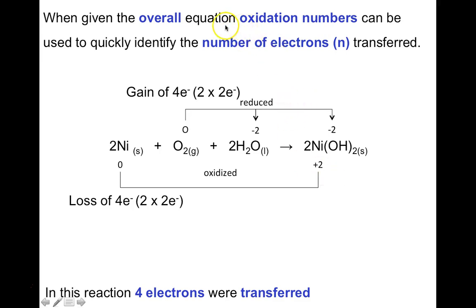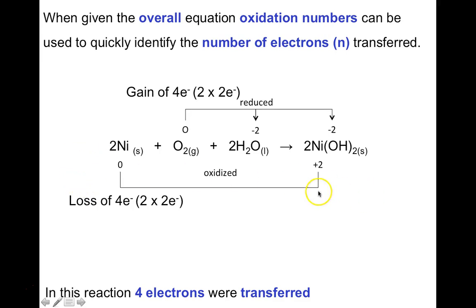Sometimes it's not obvious the number of electrons that are being transferred, and we can deduce that by looking at how oxidation numbers are changing for given atoms. Effectively, we have to keep in mind that the size of the change in oxidation number is equal to the number of electrons being transferred.